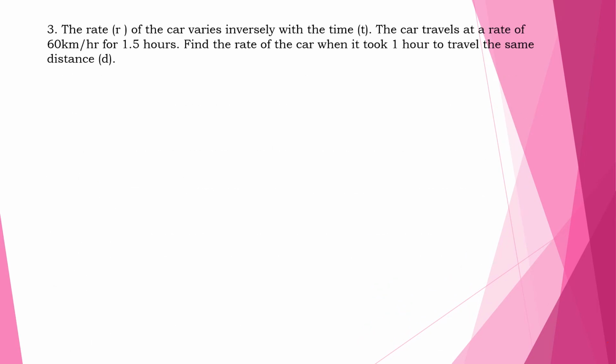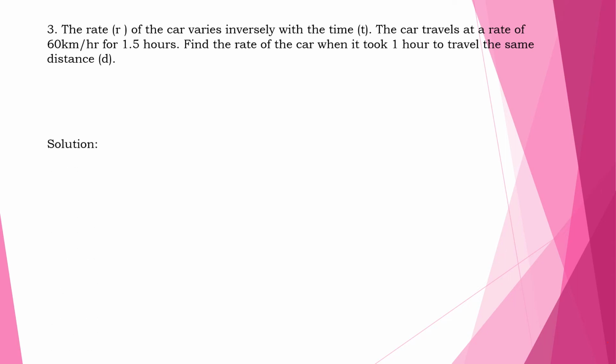Number 3 example. The rate r of the car varies inversely with the time t. The car travels at a rate of 60 km per hour for 1.5 hours. Find the rate of the car when it took 1 hour to travel the same distance. In this case, the faster the car travels, the shorter time it will take to cover the same distance. Hence, the constant of variation here is the distance.